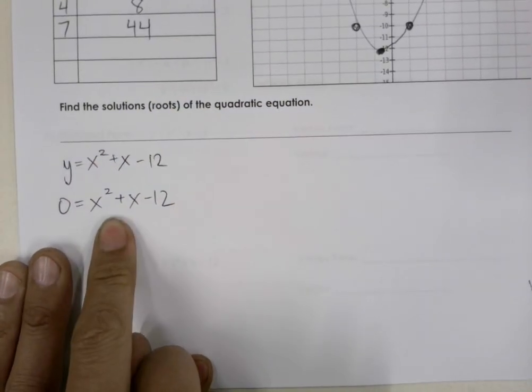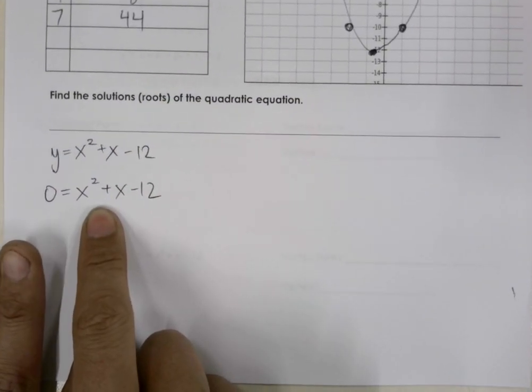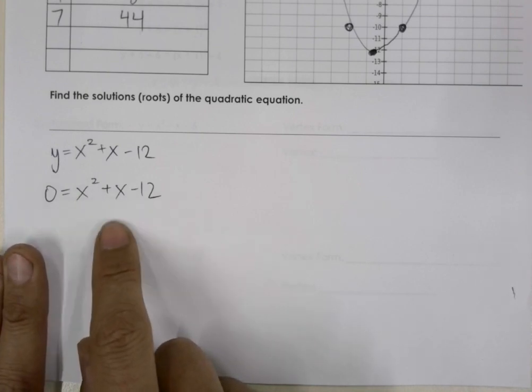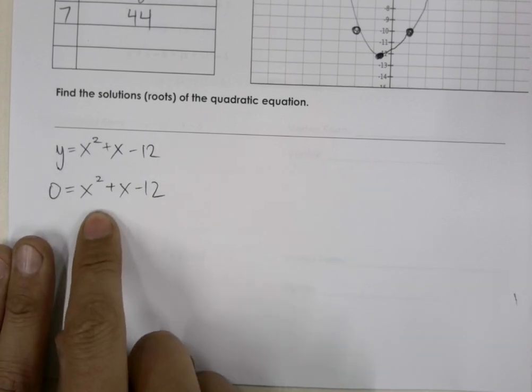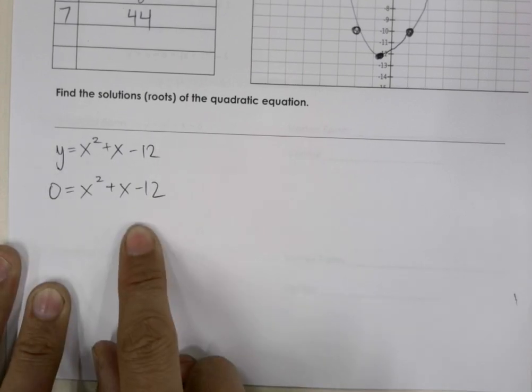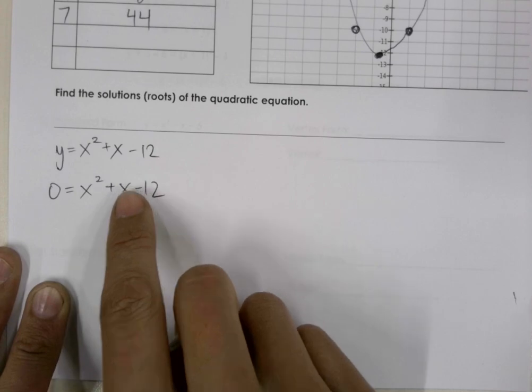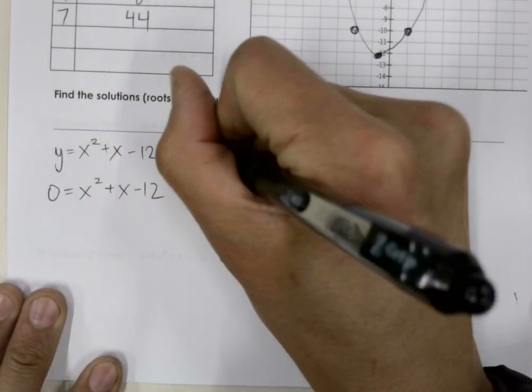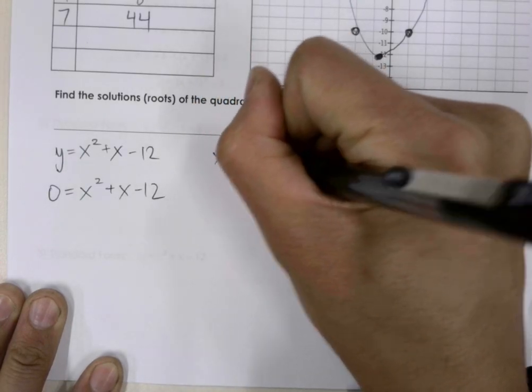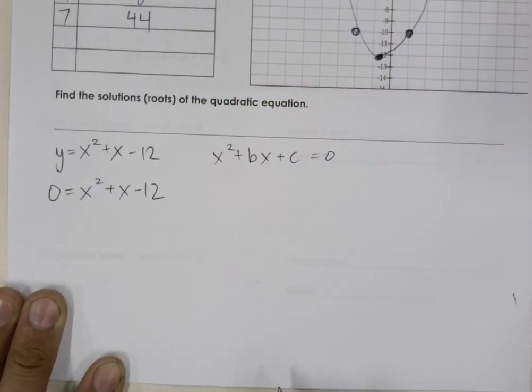Now, if you're looking at this equation, your spidey senses should be tingling a bit, because in chapter 8, the previous chapter, we learned how to solve these. We solved it in the form x squared plus bx plus c is equal to 0.